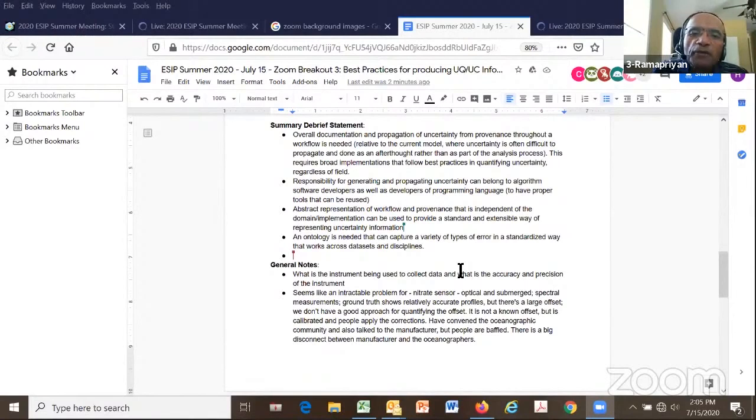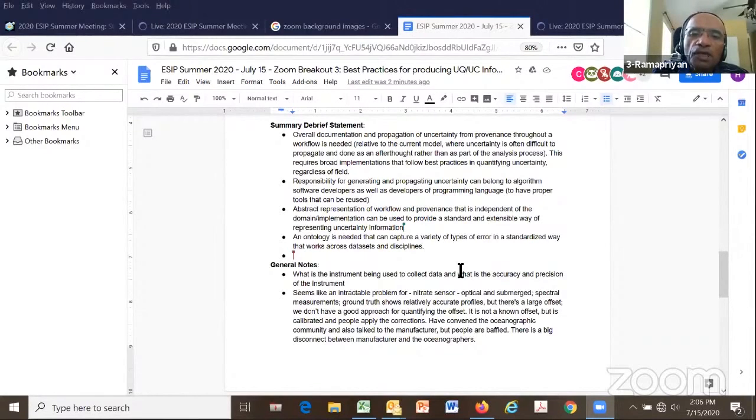And the responsibility for generating and propagating uncertainty belongs to two groups of people. One is algorithm and software developers who develop the scientific algorithms and also the workflows that generate the products, as well as developers of programming languages to have proper tools that can be reused.